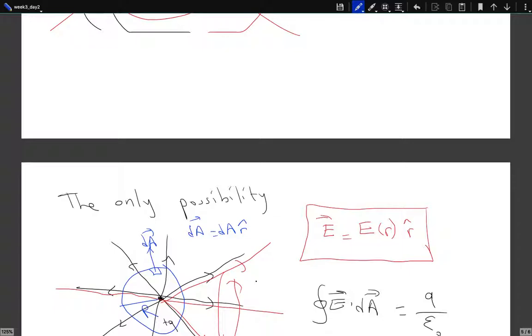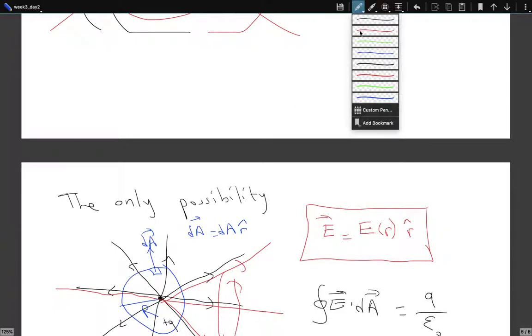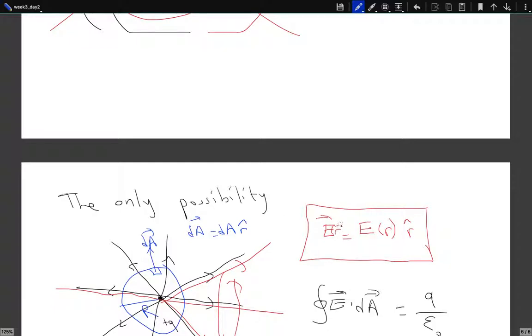Using this argument, we first showed that the electric field at a given point has a magnitude that depends only on the distance from my charge, and its direction has to be radially outward. So that is the first thing we have determined.